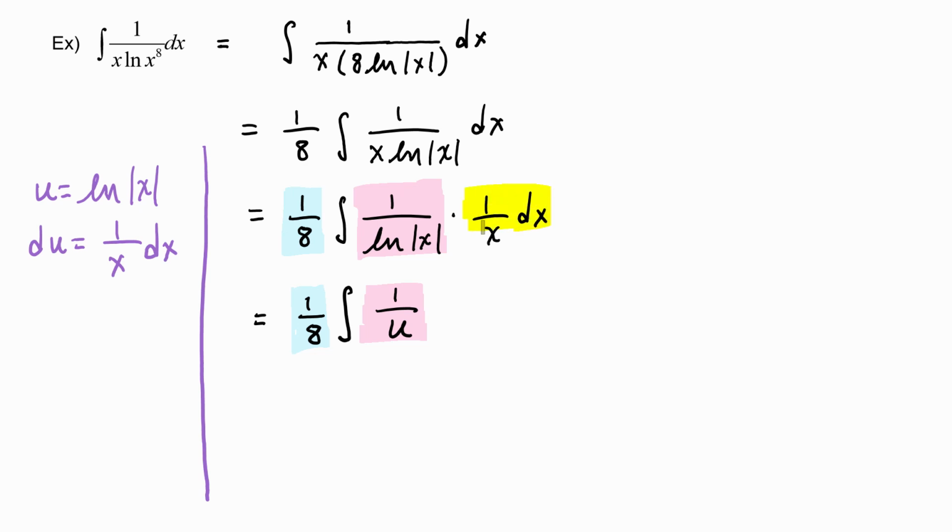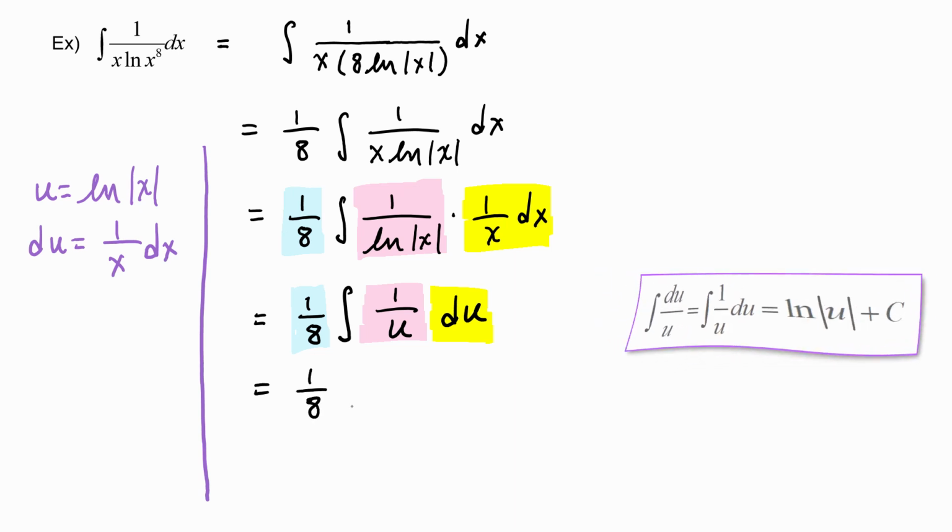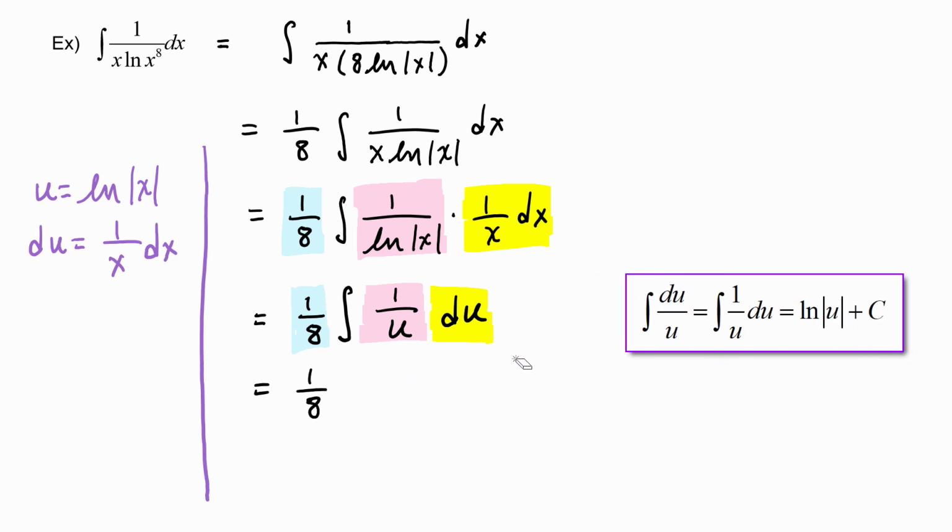And then 1 over x dx, we see that we can replace that with du. Then this becomes 1/8. We know that the integral of 1 over u du is the natural log of the absolute value of u plus c.